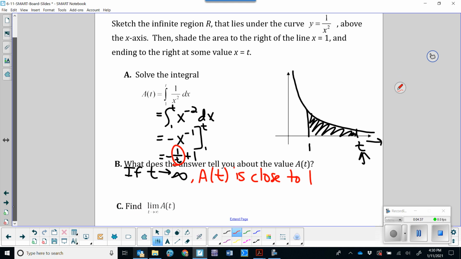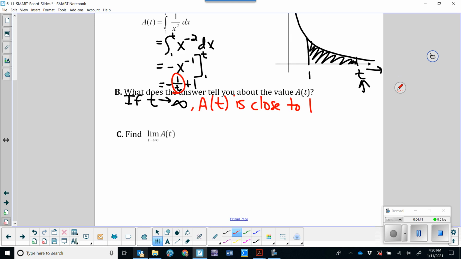If we actually were to solve this problem, we would say that we want the limit as t goes to infinity of A of t, which I just found a formula for, negative 1 over t plus 1.